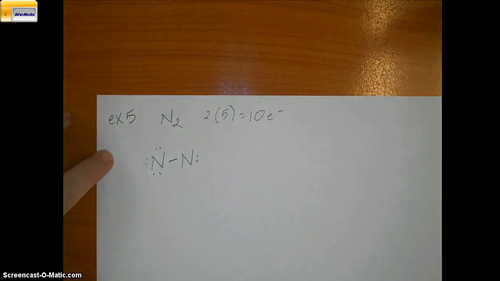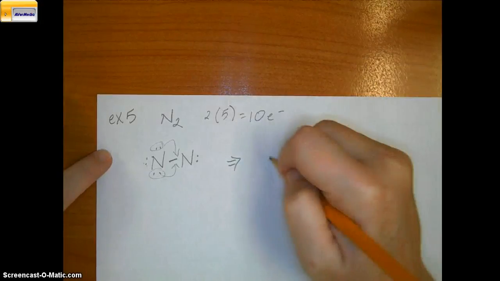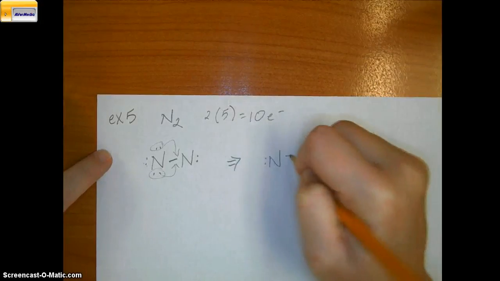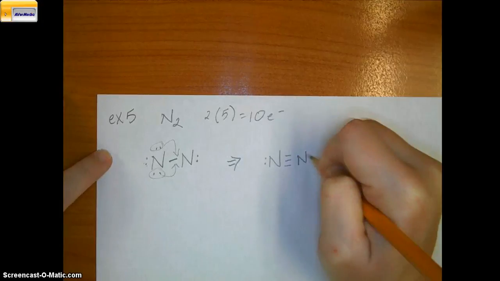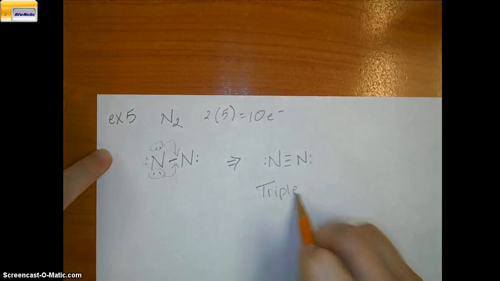Now if we look at our structure, this nitrogen has 8, but this nitrogen only has 4. It needs 4 more. So just like before, we're going to do some sharing. The nitrogens are going to share 6 electrons instead of only sharing 2. And what that gives us, you can probably guess, is called a triple bond.